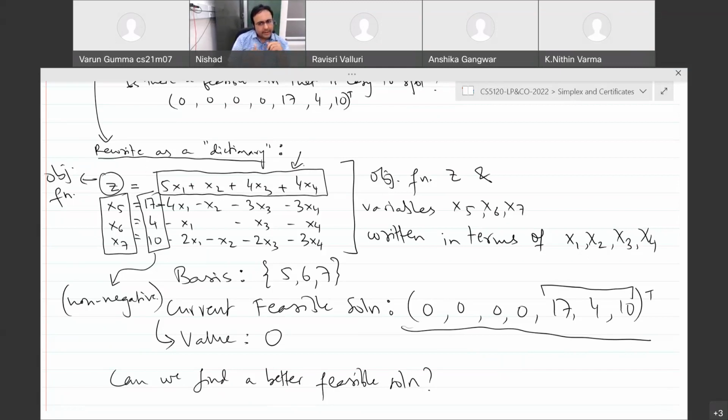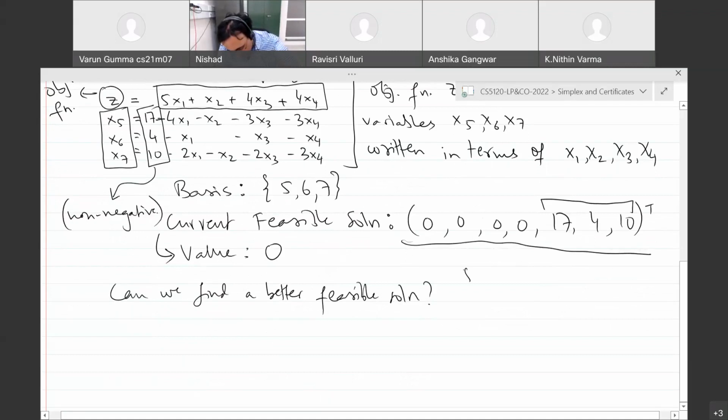If I can increase any of these variables, x1, x2, x3, x4, which are all 0 right now, if I can increase any one of them, then I will be able to increase the value of z. Do you agree? Of course, if we increase some variable, we may also have to adjust other variables in order to get a feasible solution. Right?